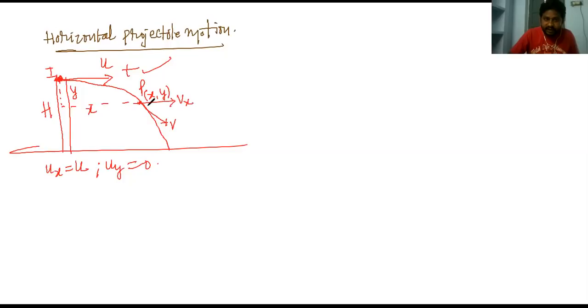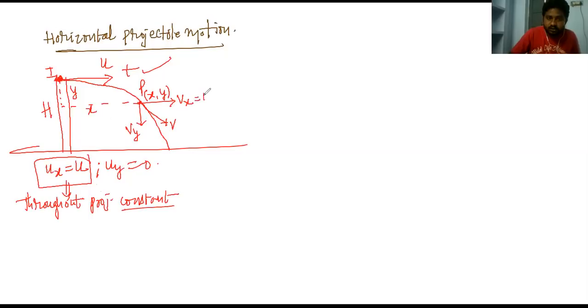So this is vx and this is vy. Throughout the horizontal projectile motion, this is constant. What is constant? That horizontal velocity will be constant.